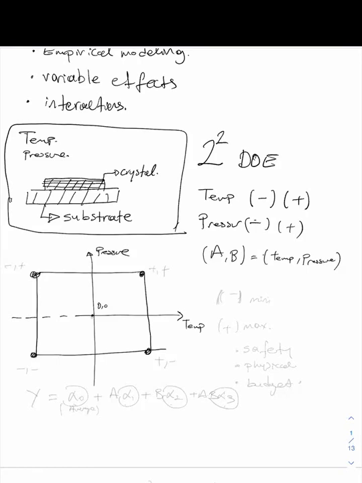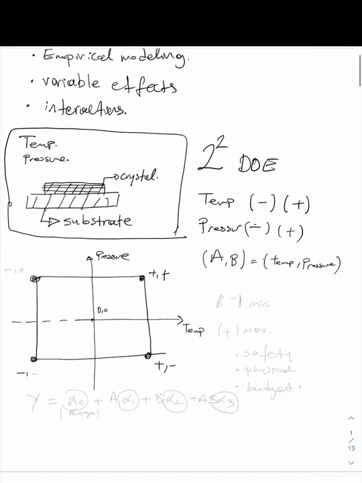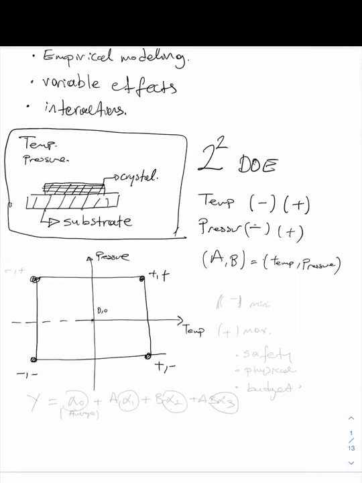And therefore, for this corner, your temperature is going to be plus, and your pressure is going to be minus. In here, your temperature and pressure are going to be plus, plus. This will be minus, minus, and this will be minus, plus.